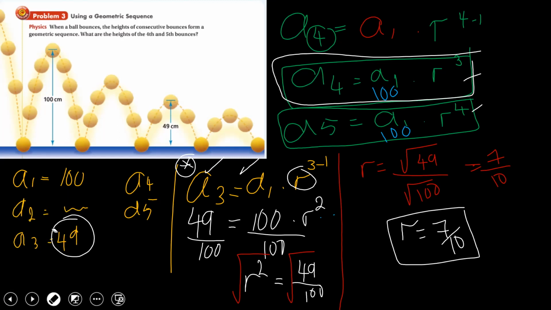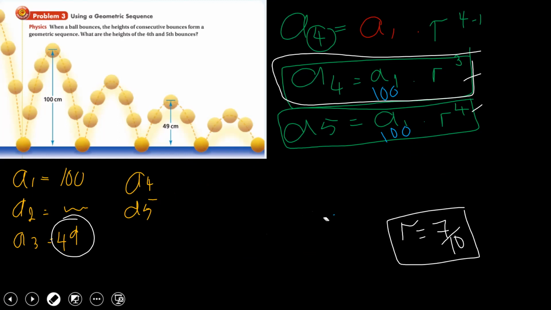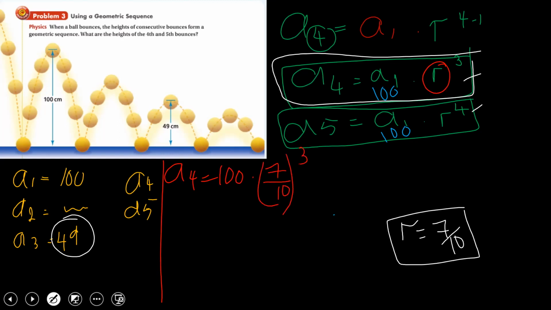Now after that, I have to find a sub 4. A sub 4 is a sub 1, which is 100, times r, which is 7 over 10, raised to the power 3.